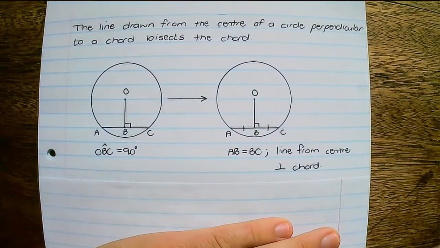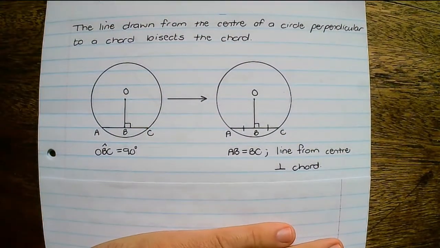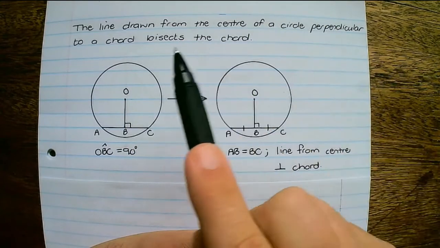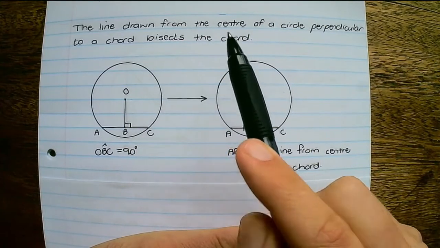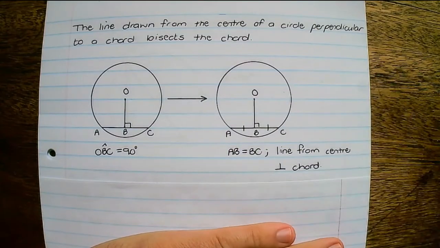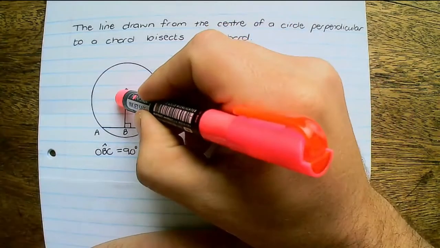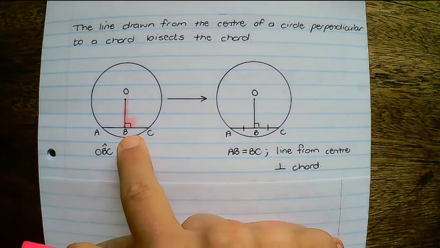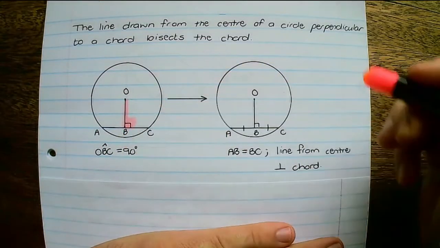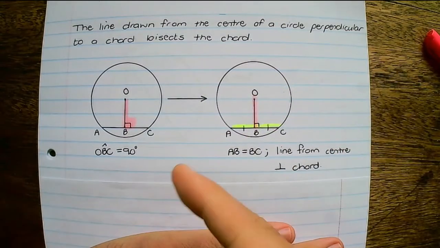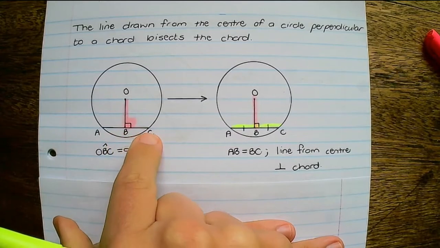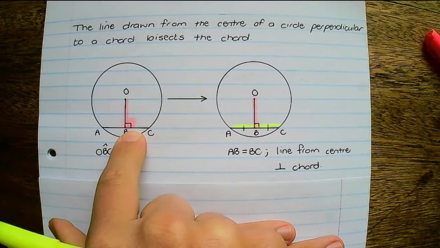Now our fourth one reads similar to the previous one. It says, the line drawn from the center of the circle perpendicular to the chord bisects the chord. Now it is the other way around. It is saying that if this line meets a chord at 90 degrees, then it cuts that chord in half. So in the previous example, we had AB is equal to BC, and therefore B is equal to 90.